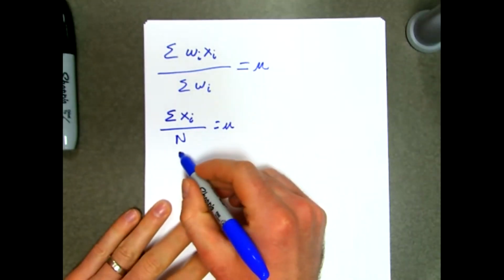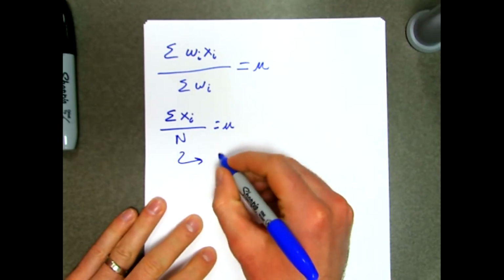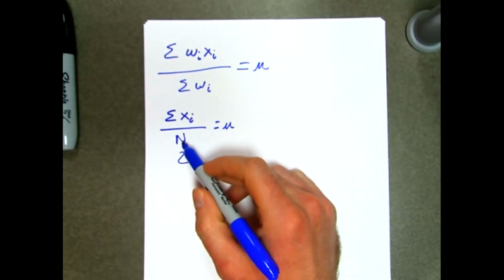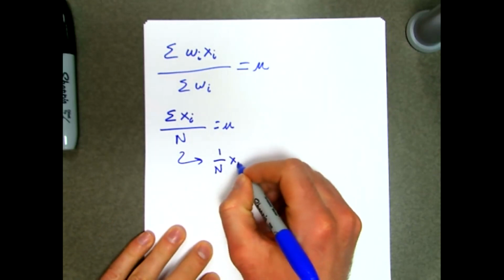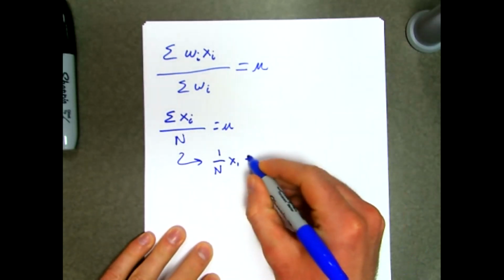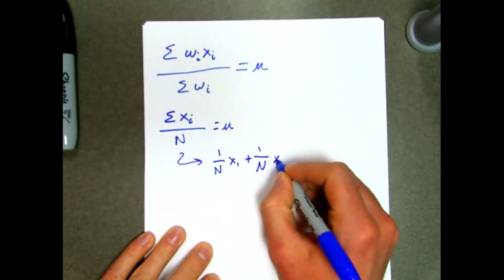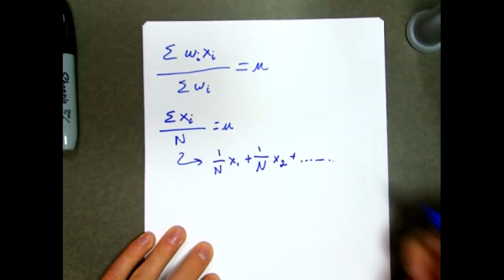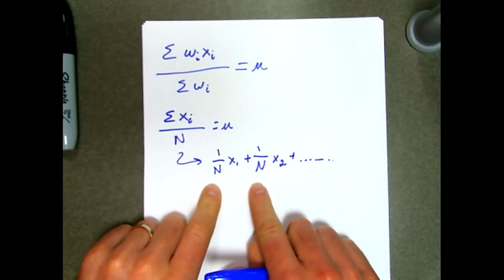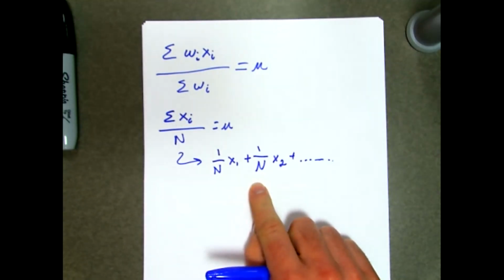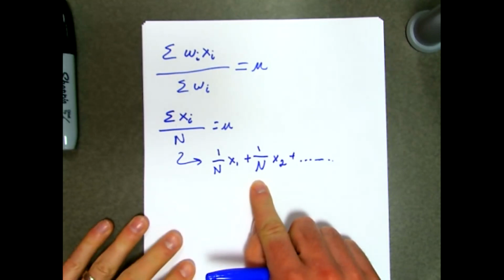So another way we said that we could write the regular mean was if I'm dividing everything by n, it's really the same as multiplying each observation by 1 over n and then adding them all up. So we were saying like every observation was getting weighted by the same amount. It was representing 1 out of the total number of observations.